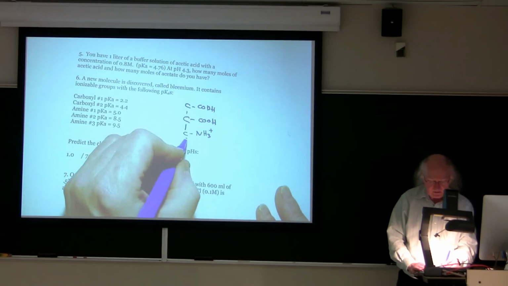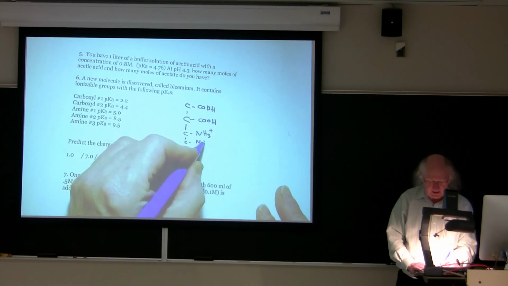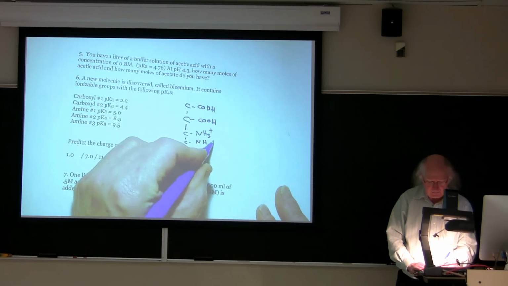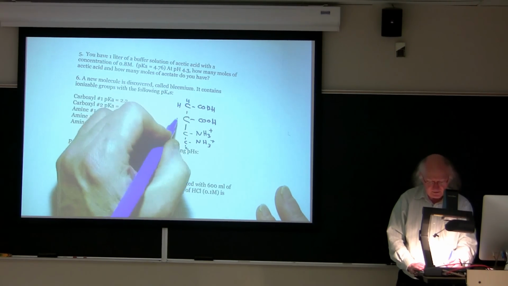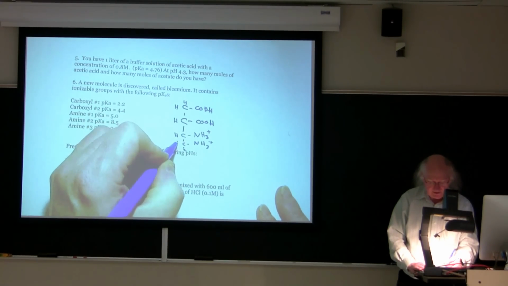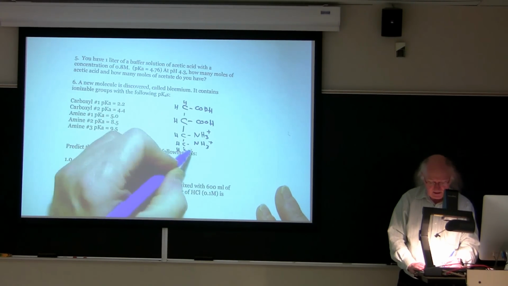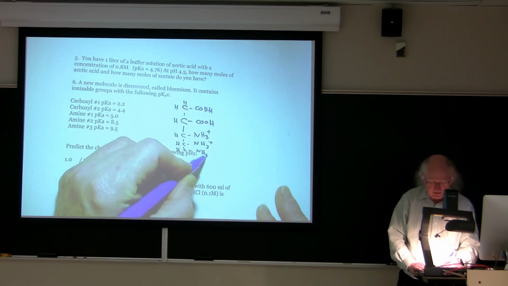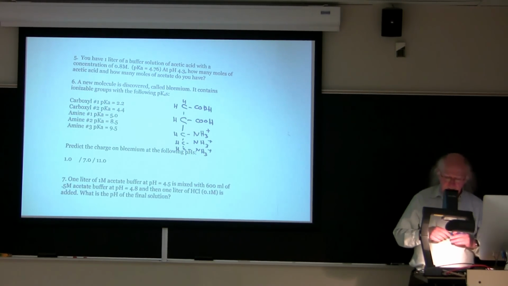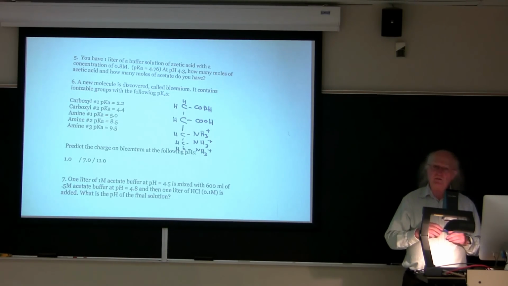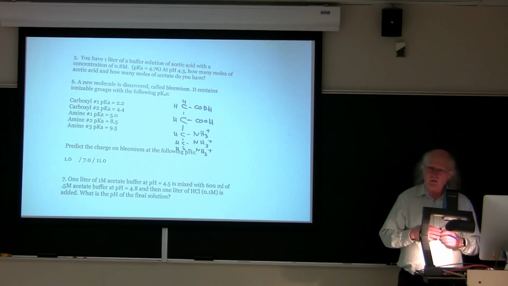And since I'm putting all the protons on, I've got that, NH3+, and last, and these of course all have hydrogens around them, like so, and an NH3+. Okay, so it says predict the charge on blemium at the following pHs. So we'll start with pH 1.